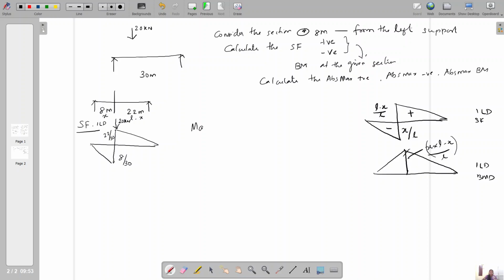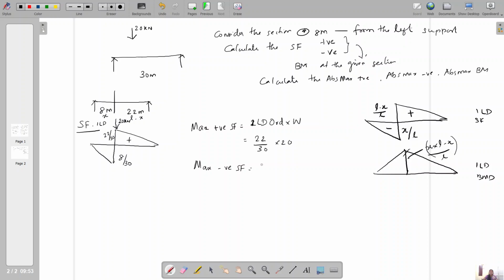Next one, maximum positive shear force equals, this is the positive shear force diagram, so the maximum ordinate is the ILD ordinate, that is ILD ordinate into load. This is the general formula. The ILD ordinate is 22 by 30, the loading is 20. Next one, maximum negative shear force.